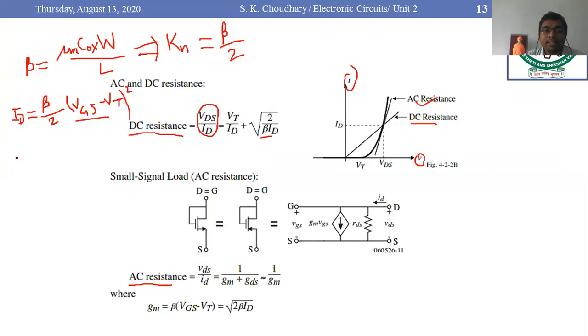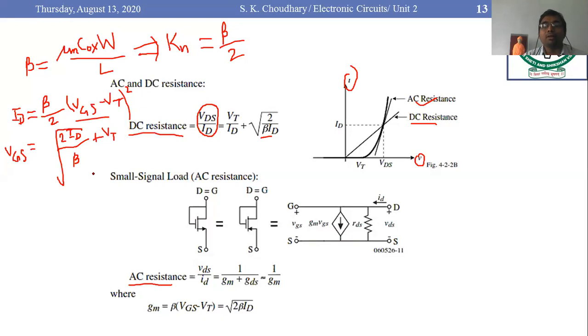See, VGS in terms of current is the square root of twice ID upon beta, plus VT. Everyone note it down. Okay.